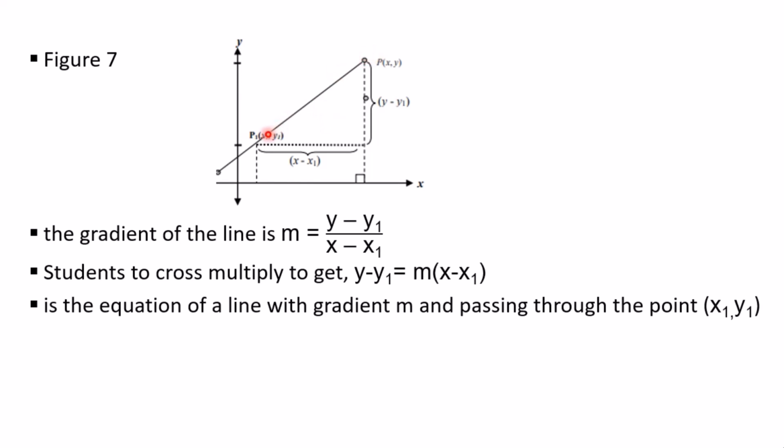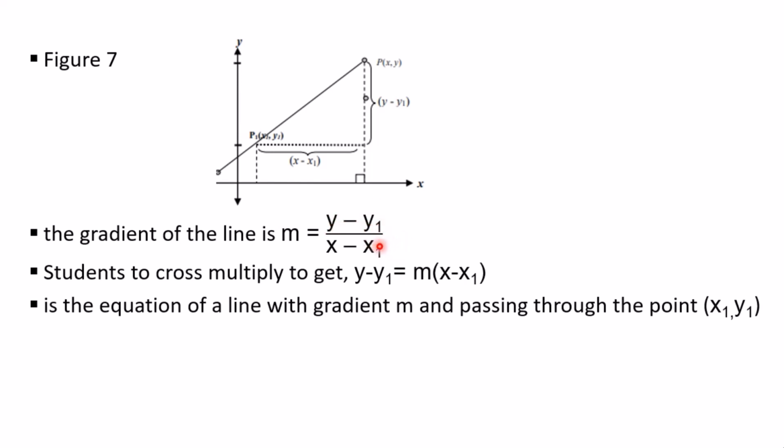We are saying this is the point on the line, and we have created an arbitrary point with x and y as the coordinates. So in this case, our y component is y minus y1, and our x component will be x minus x1. Therefore, our gradient is going to give us y minus y1 over x minus x1.